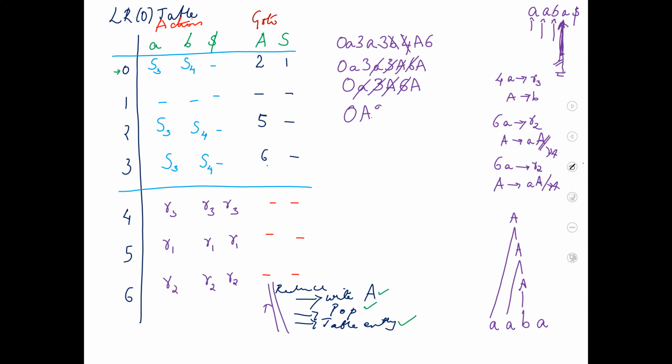So let me complete that. 0A is 2. And again over here, my look ahead pointer. 2 small a is 3. Okay. Now, next I need to find out $3.